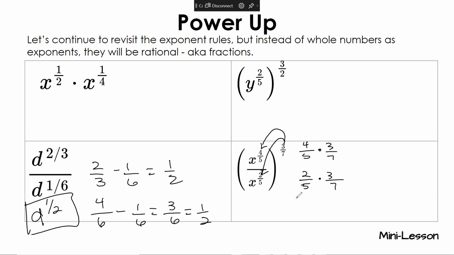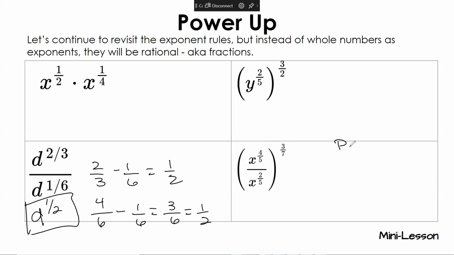They have the same denominator. You could do it this way, or you could go ahead and subtract these and then multiply the exponents. If you follow the order of operations, you do parentheses, then the exponents.